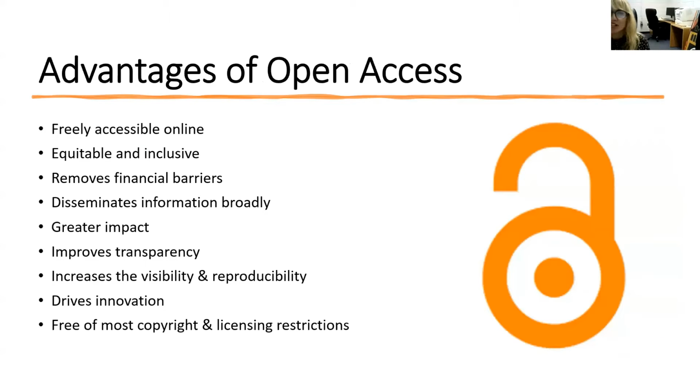Open access publishing and research has a lot of advantages, as most of you are probably aware. Of course, the ability for people to access it online free of charge, the general public and researchers all over the world.